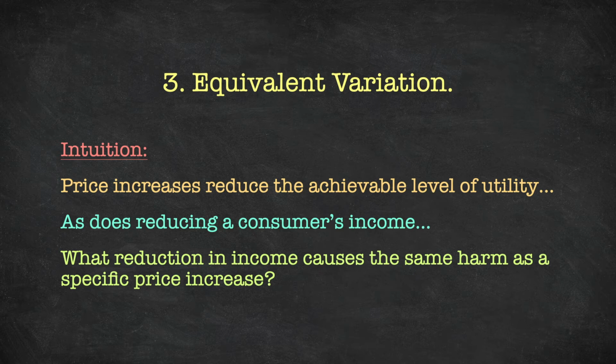If the price didn't change, so we keep the original prices, but just ask, how much income do I take off a consumer to cause the same utility decrease? Well, that is called the equivalent variation. So in some sense, it captures an equivalent damage caused by the price increase purely in terms of a monetary number, which we will denote EV.